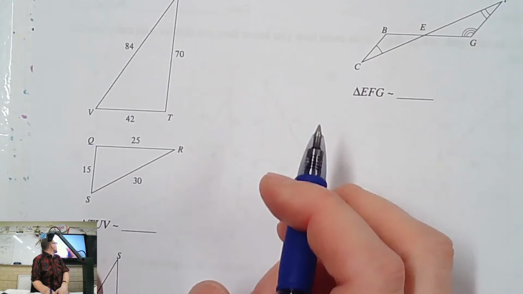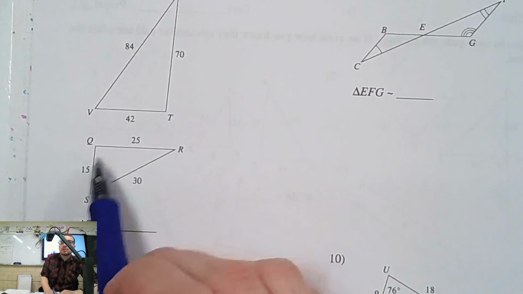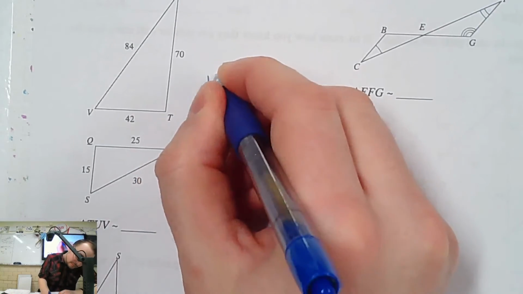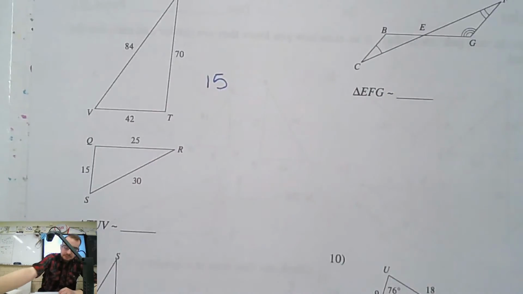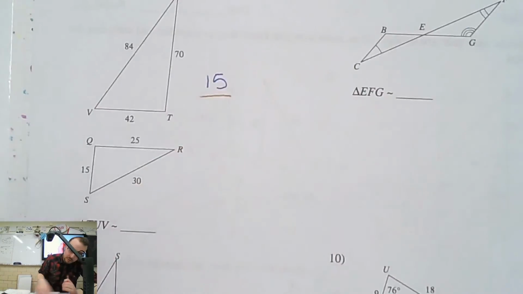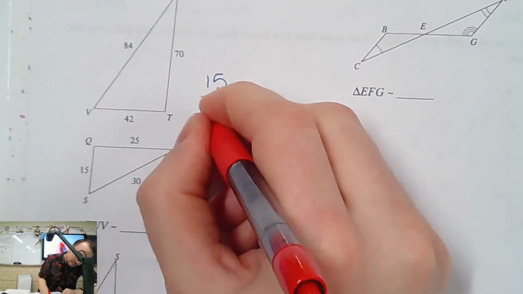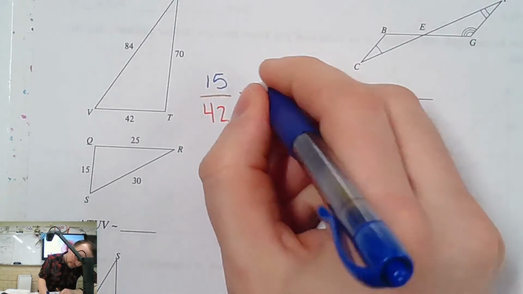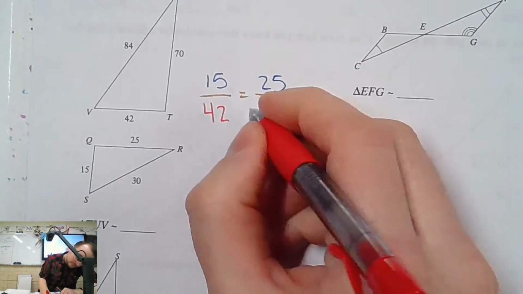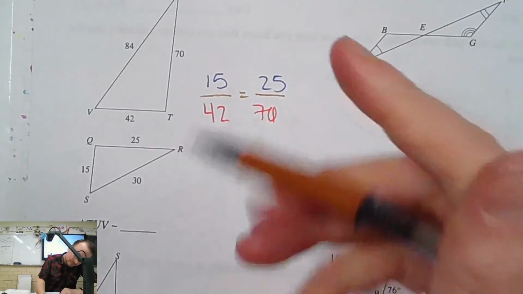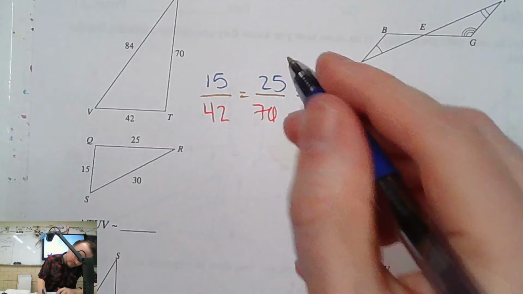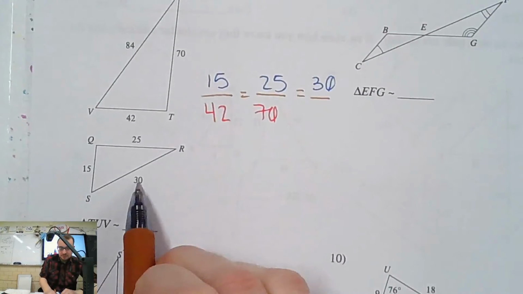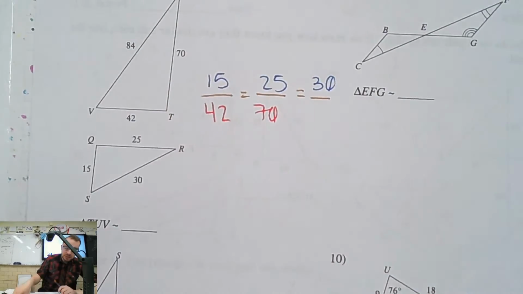Come on, smallest side in the small triangle. 7. 15 goes with 42. 25 goes with 70. 30 goes with 80. So we did small with small, medium with medium, and largest side on this triangle with the largest side on this triangle, which is 84.